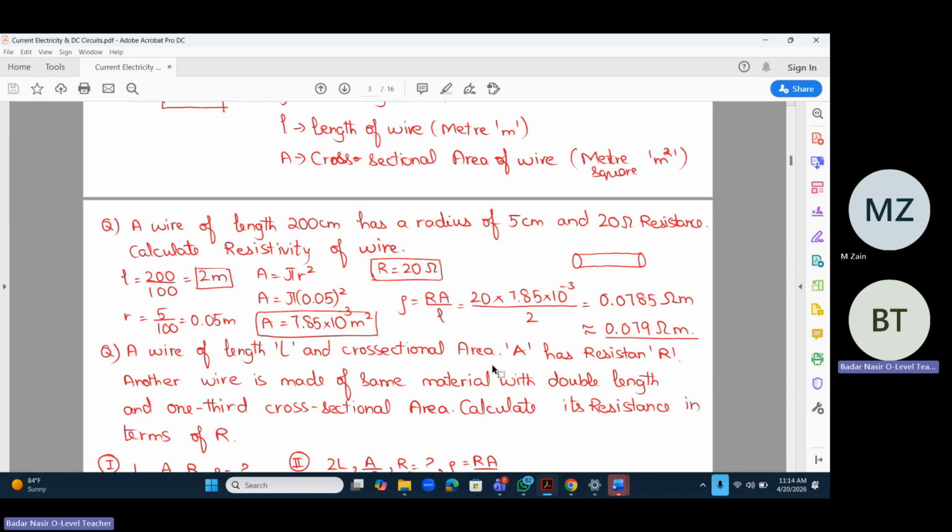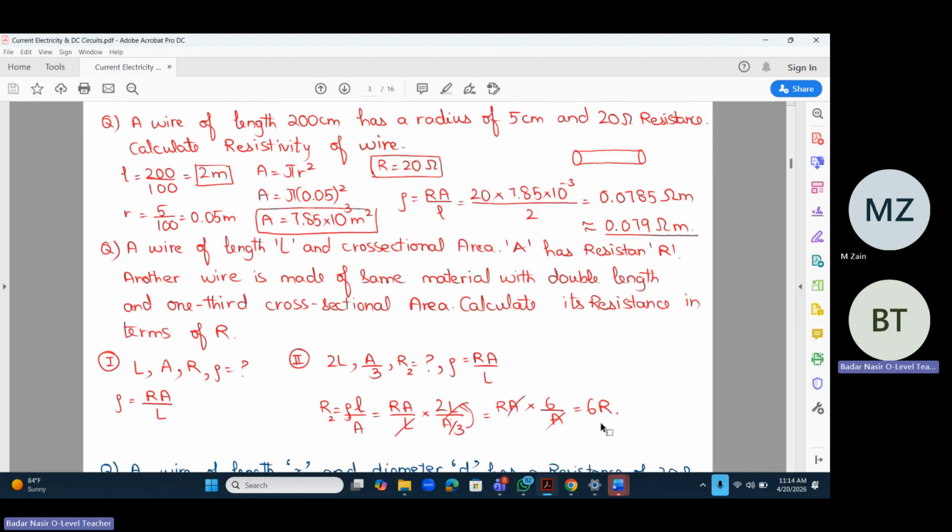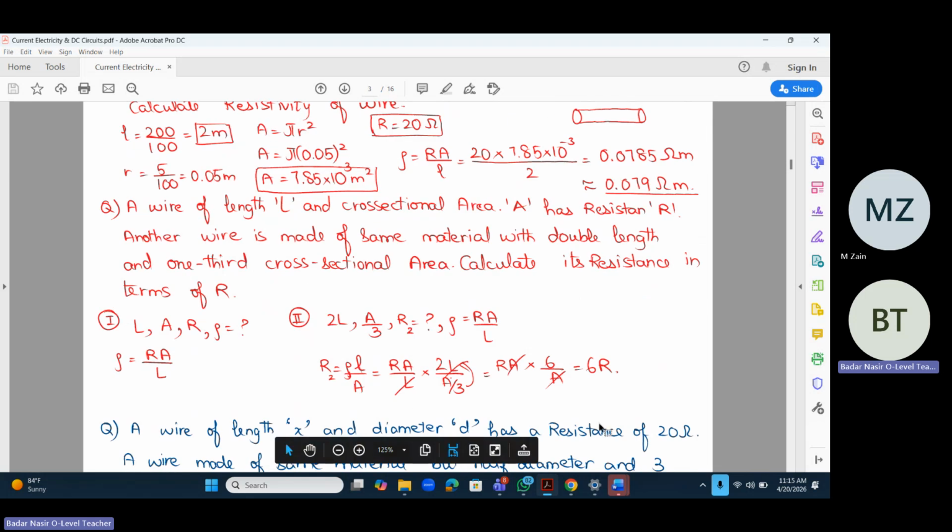Read the question. A wire of length L and cross-sectional area A has resistance R. Another wire is made of same material with double length and 1/3 cross-sectional area. Calculate its resistance in terms of R. When we say another wire is made of same material, it means that their resistivity is same.